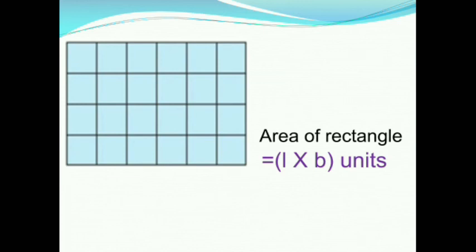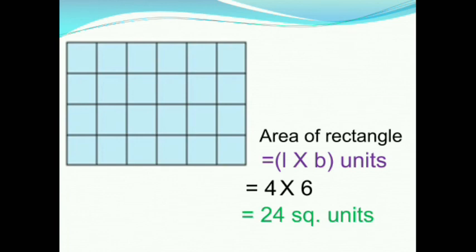Length is 4 units. Let us count the breadth. 1, 2, 3, 4, 5, 6. Breadth is 6 units. Now we should multiply 4 by 6. What is 4 into 6? Yes, 4 multiplied by 6 is equal to 24. Therefore, area of this rectangle is 24 square units.